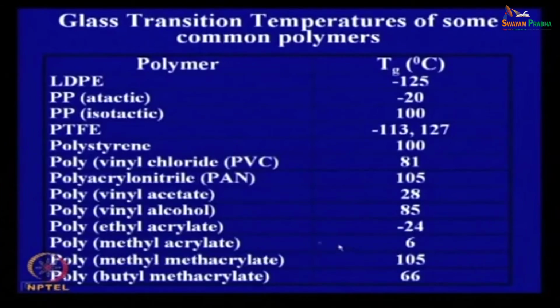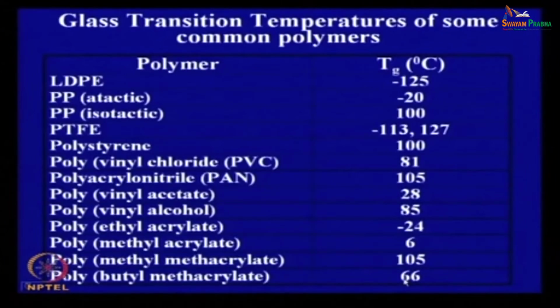Now, if you look into other polymers like PVC, polyacrylonitrile, compare these polymers, that means the substituent at the carbon atom: chlorine, nitrile group, CN group, acetate group, alcohol group, acrylate group, ester group, again another substitution, methyl acrylate, methyl methacrylate, butyl methacrylate. You see the variation, you can easily correlate.